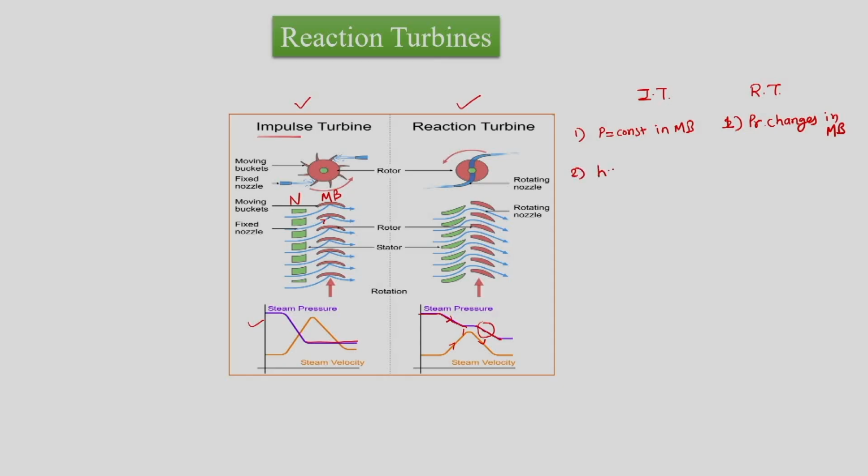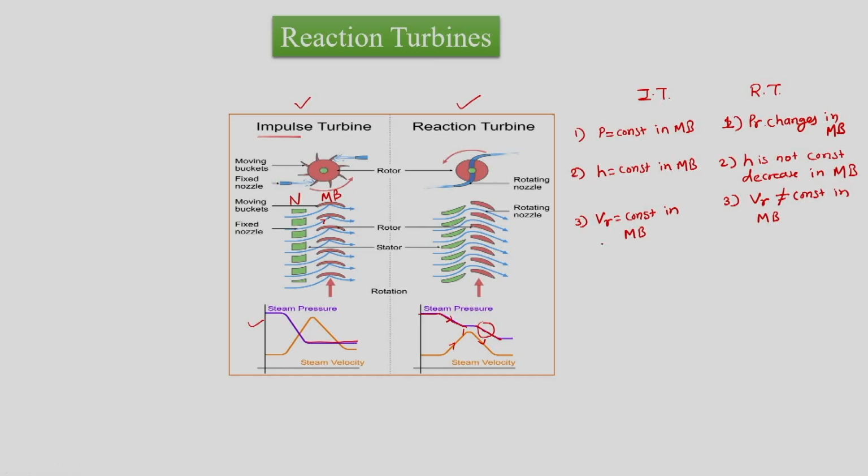So enthalpy is constant in moving blades of impulse turbine, and second, in case of reaction turbine, enthalpy is not constant and rather decreases in moving blades. As an outcome of this, relative velocity is constant in moving blades of impulse turbine, but relative velocity is not constant in moving blades of reaction turbine.